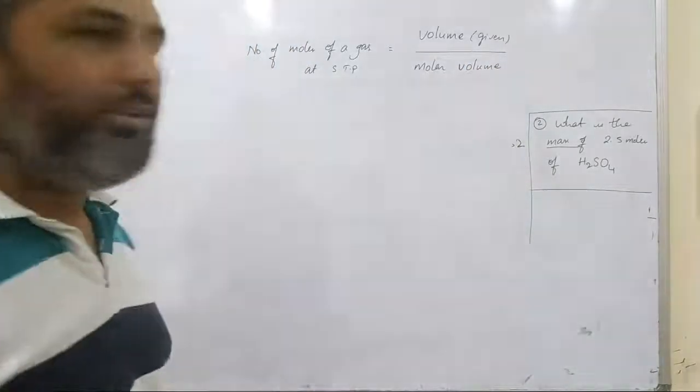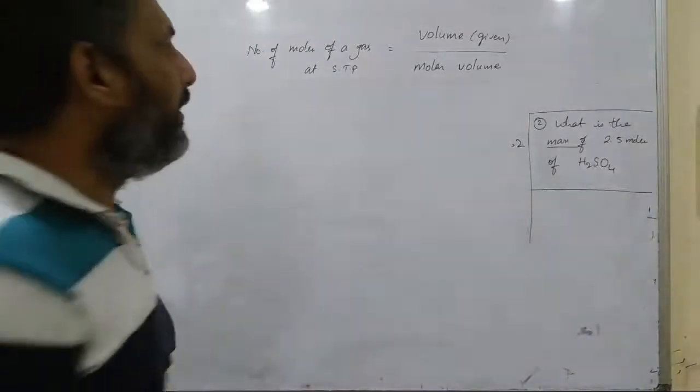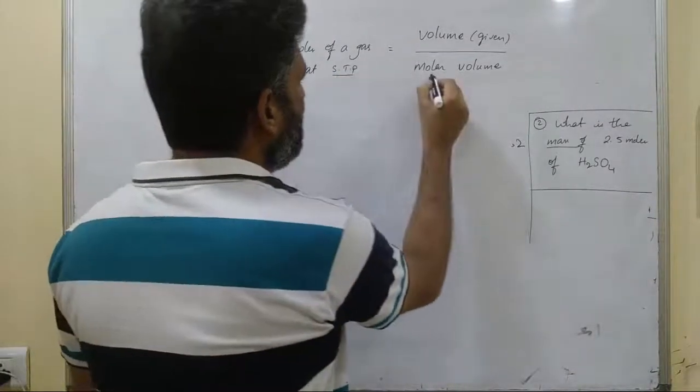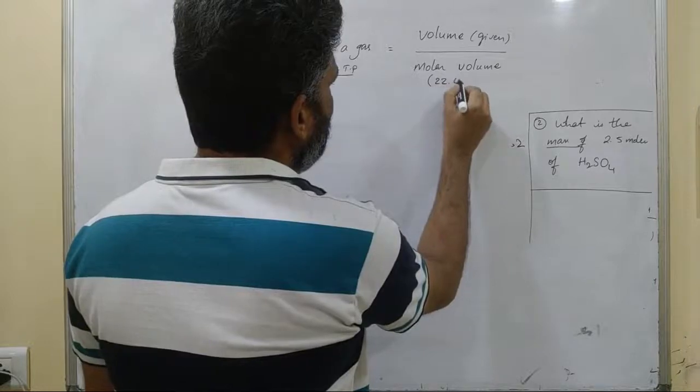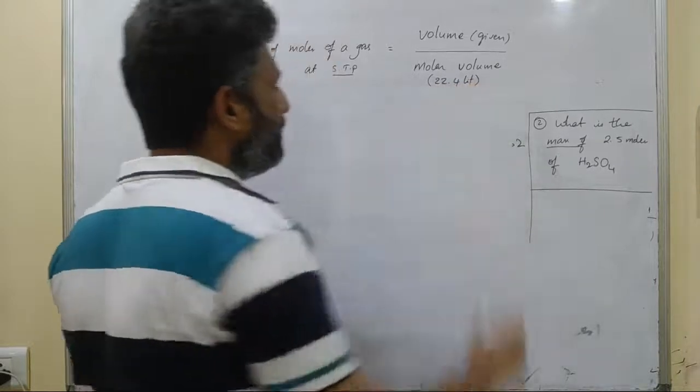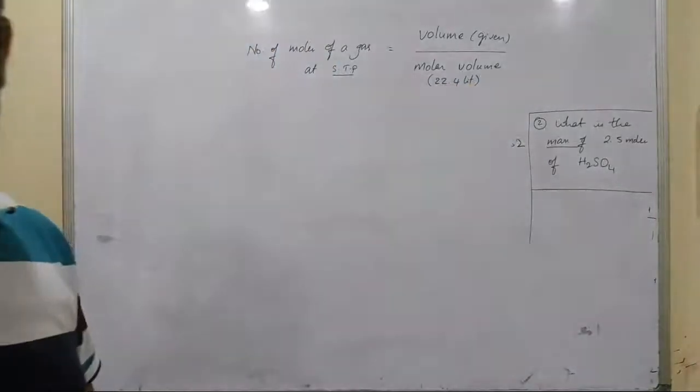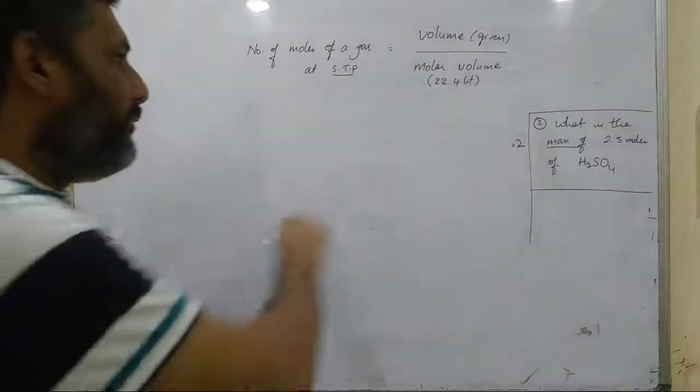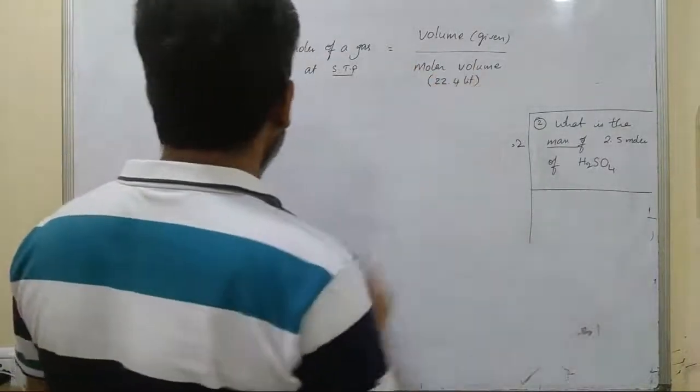The molar volume of any gas at STP is equal to 22.4 liters.